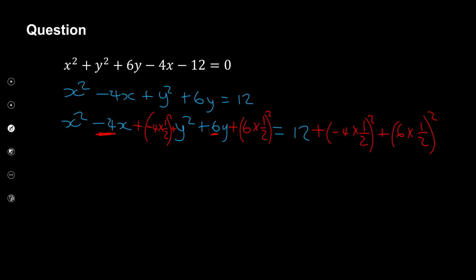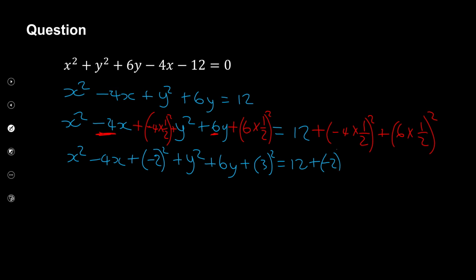To simplify this, it will be x squared minus 4x plus minus 2 all squared plus y squared plus 6y plus 3 all squared equal to 12 plus minus 2 squared plus 3 squared.